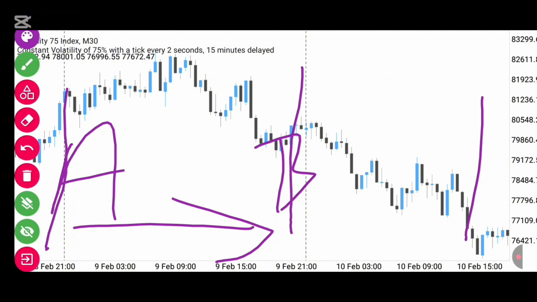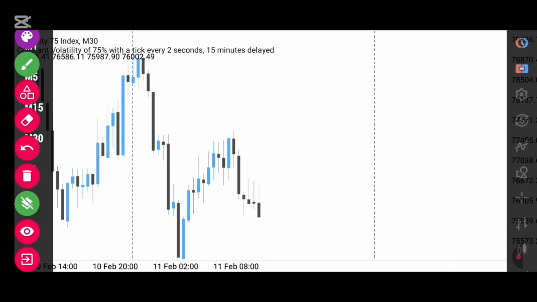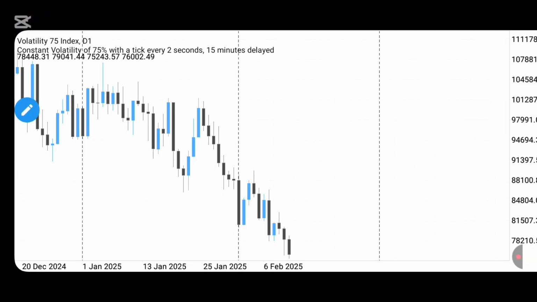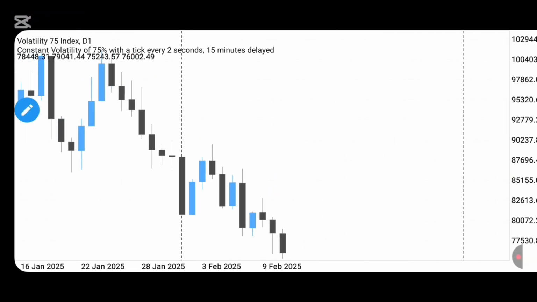So if you are using TradingView, go to the time frame and then go to the daily time frame. When you come to the daily time frame, you will use the vertical line like this. With the vertical line, you start marking every daily candlestick until you hit 30 candles. Are you getting the point?